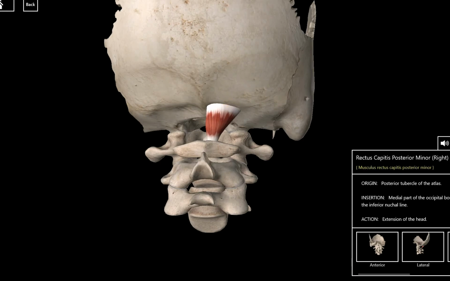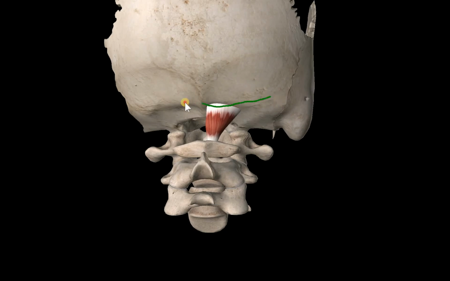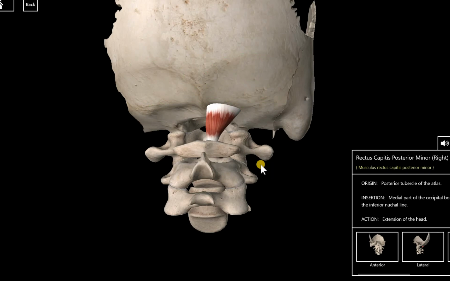The inferior nuchal line is here and the superior nuchal line is there. That would be the EOP. But we're interested in this spot here. Granted, it does have an occipital attachment, but specifically on the inferior nuchal line. Rectus capitis posterior minor.